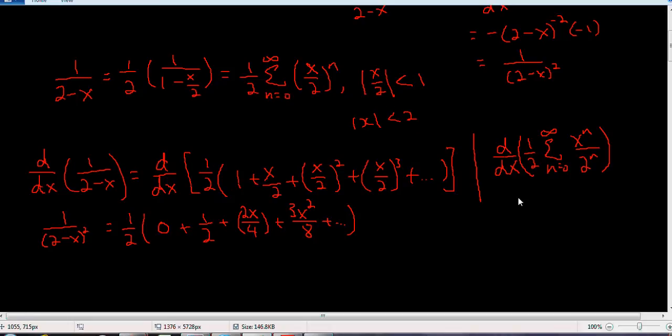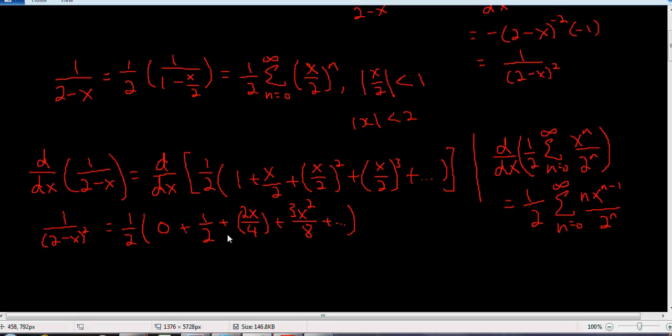So this is equal to half, and the 2 to the n is just a constant, so I can leave it, and the derivative of x to the n is just n x to the n minus 1. Power rule, something you should have learned last term. Subtract 1 from the exponent and multiply by the previous exponent, so n.